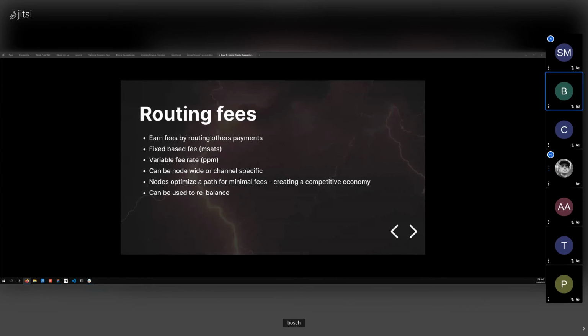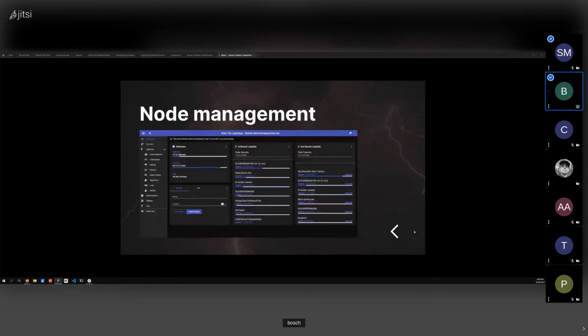In about 10 minutes I need to sign off here. So I was going to go ahead and stop the recording, but I wanted to figure out, Bosch, if there were any final points you wanted to cover before I turn the recording off and open things up. I was getting close to finishing off the important stuff. There were a few other things like node management.